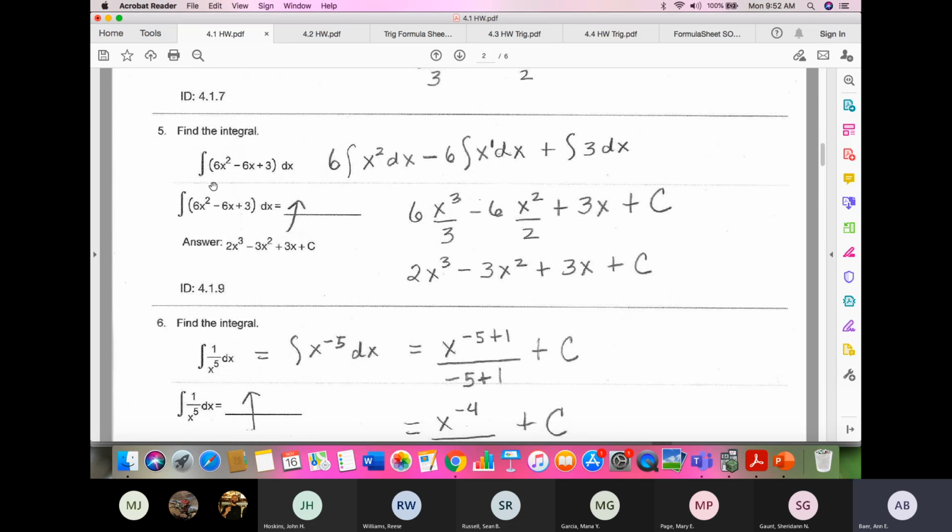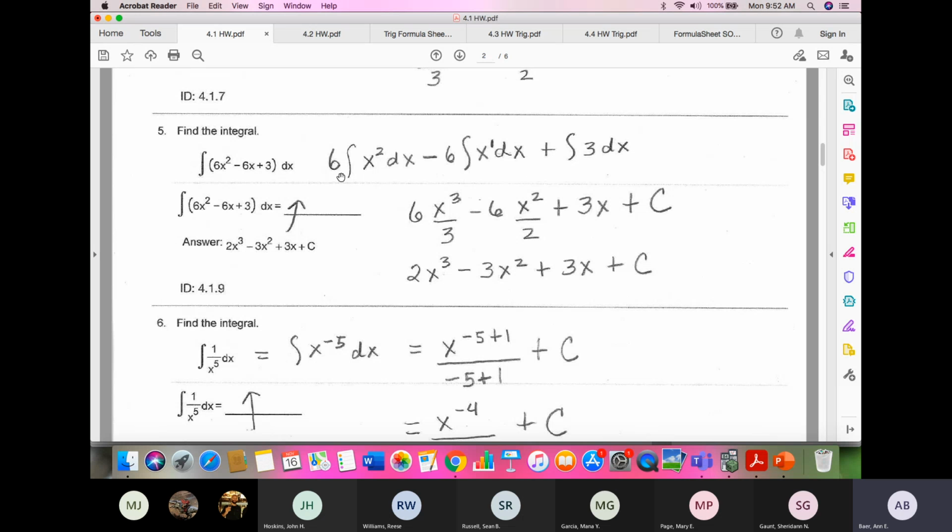So what I did is remember that you can bring number multipliers out in front, and you can also split integrals. If you're integrating terms, you can integrate term by term, just like you can differentiate term by term. Terms are added. So I'm going to look at this first term here. In that term, we have a number multiplier.